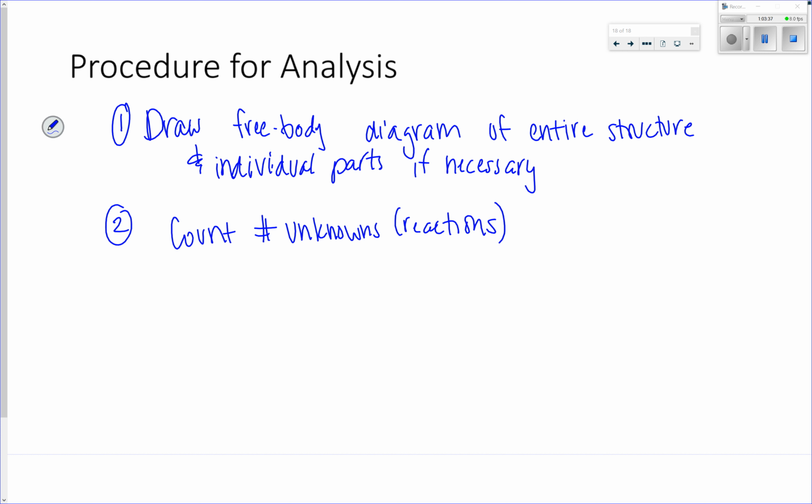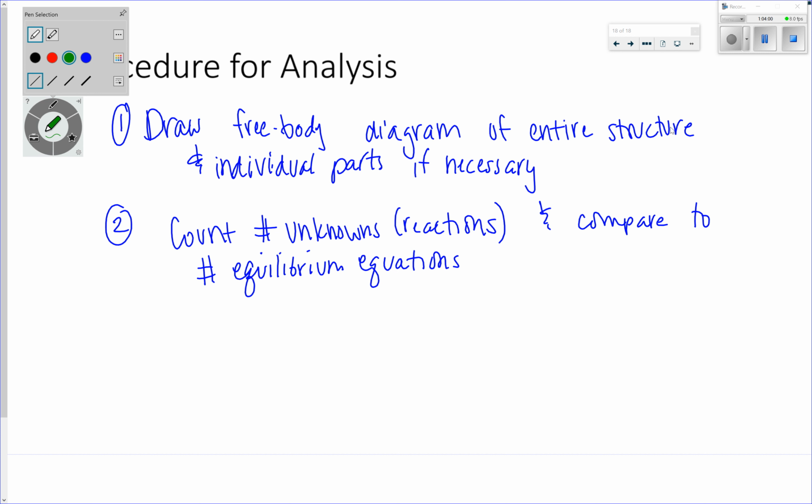And compare to your number of equilibrium equations, which would be 3n for coplanar structures, probably 6n for 3D structures.